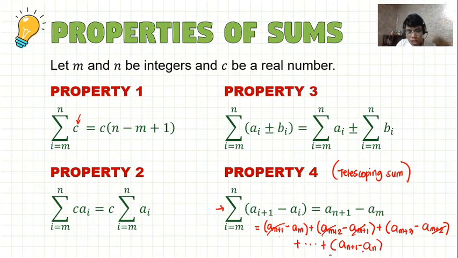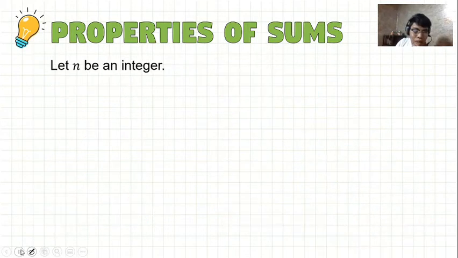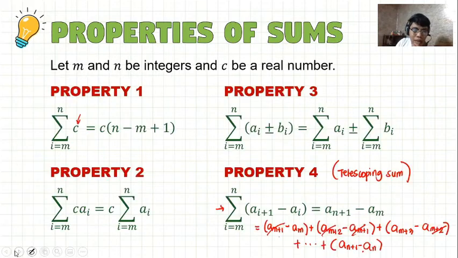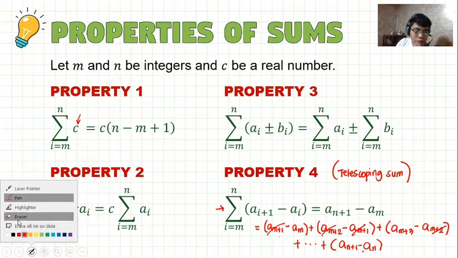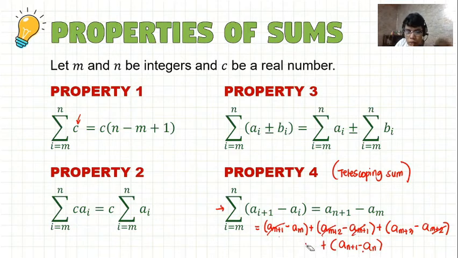Okay, so I will just show the term before a sub n plus 1 minus a sub n. What is the term before n? Before n is n minus 1, right? So, the term before that is n minus 1.